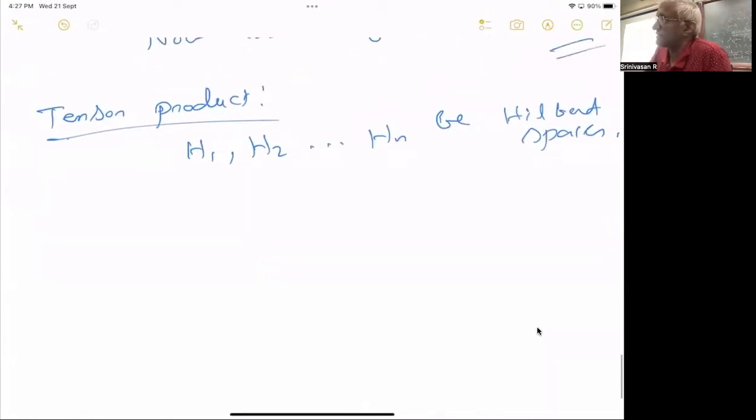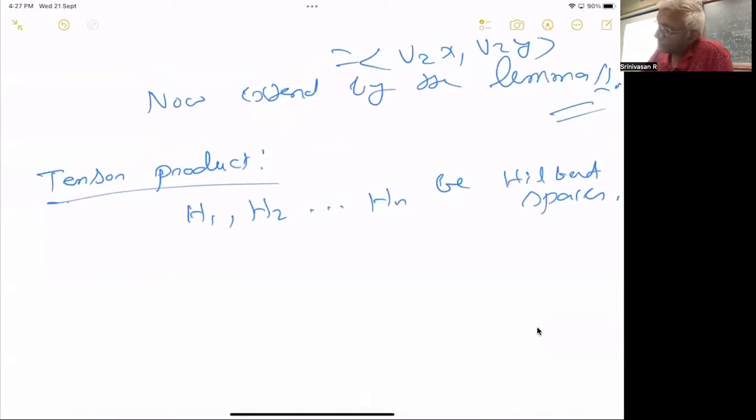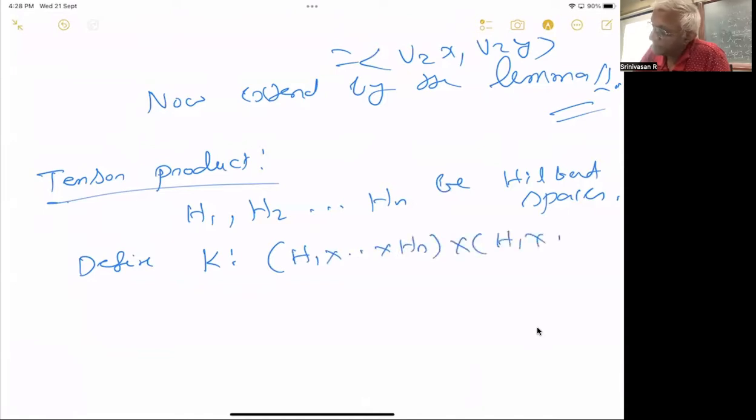Okay, so this is the proper definition. It's the same thing. You take a formal thing, except I said it's a linear combination of elementary tensors. Here you have to take the linear combination and close it. That's all. Here it is just the completion. Okay, we have Hilbert spaces, then define K from H1 cross Hn cross H1 cross Hn.